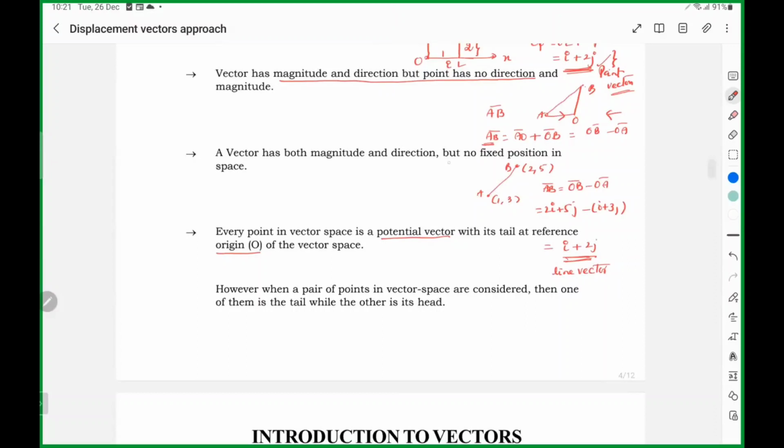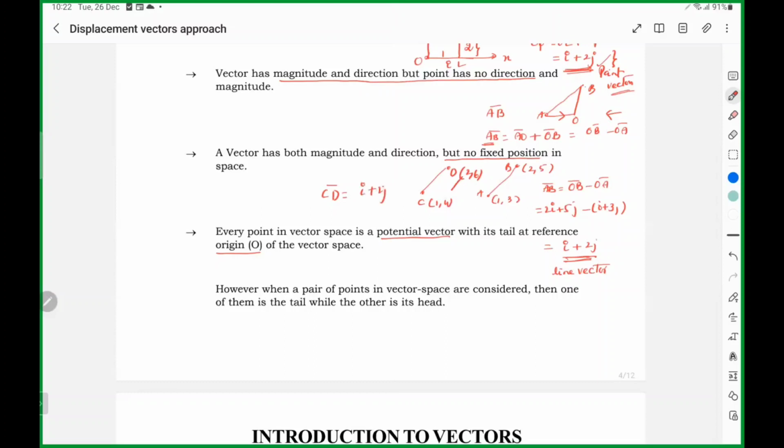And a vector has both magnitude and direction, but no fixed position. Suppose you take this as a line vector, and some other 2 points I will take, (1, 4) and (2, 6). Even if I find CD, the difference is i plus 2j.